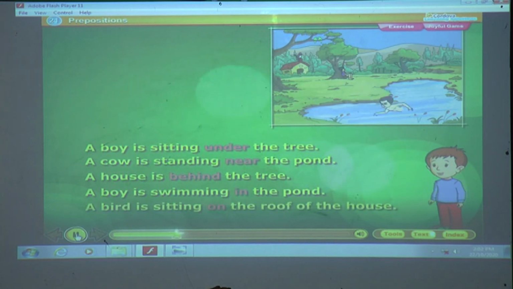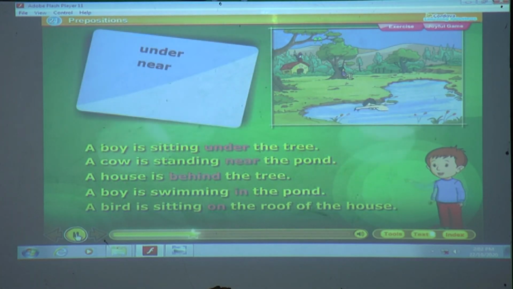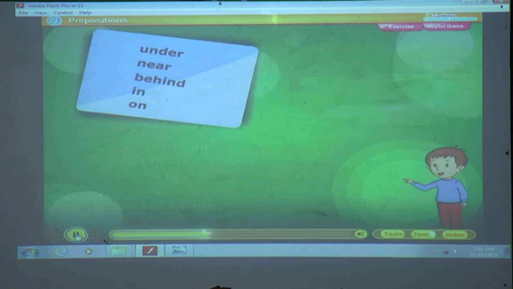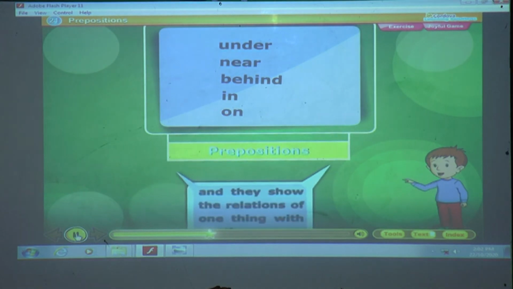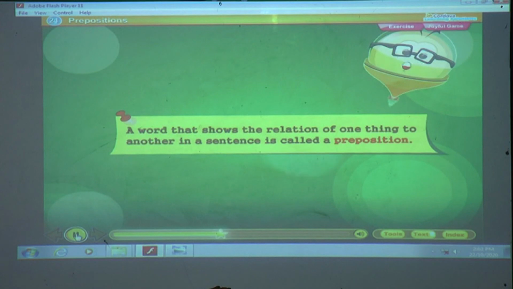A bird is sitting on the roof of the house. The words under, near, behind, in, on are prepositions and they show the relations of one thing with another. A word that shows the relation of one thing to another in a sentence is called a preposition.